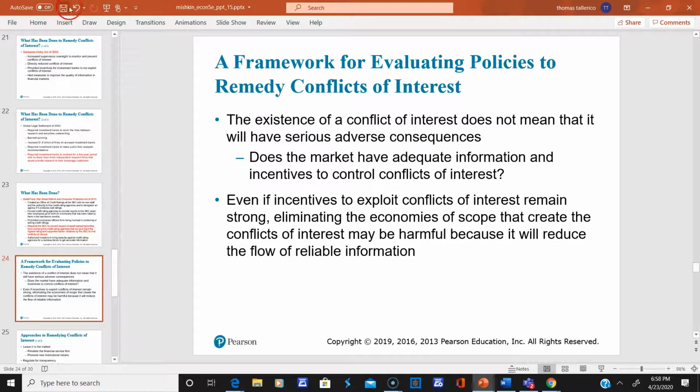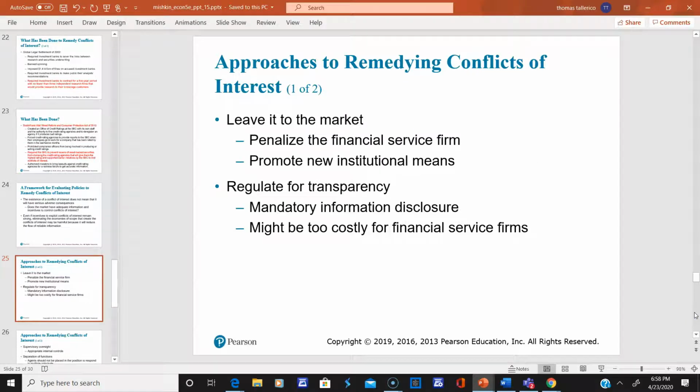Okay, so basically, conflicts of interest are always a problem in the financial industry. And it all comes down to really reliable and truthful information for all, and that's the big thing: the amount of positive, truthful information.